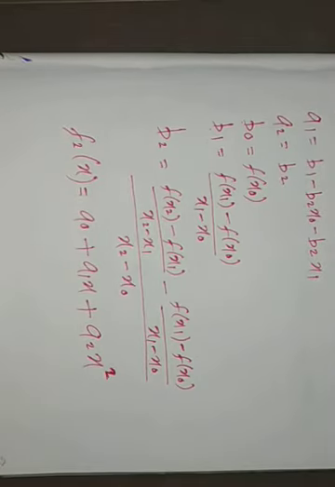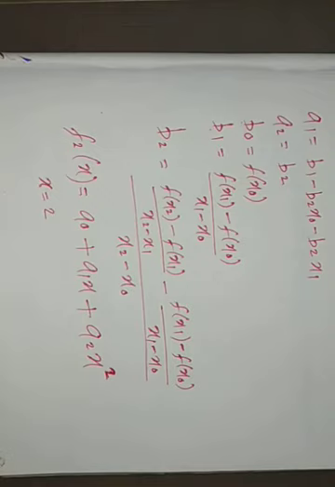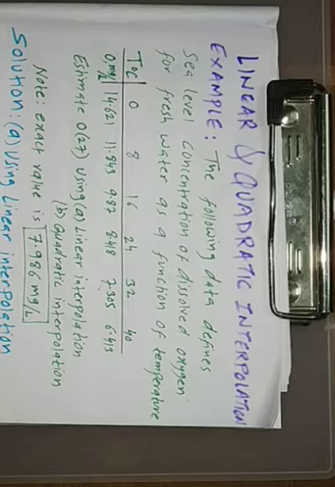And now if you want to find out any value of f of x at x is equal to 2, for example in this example x is equal to 2, so put x is equal to 2 in this equation, you will get f of x.